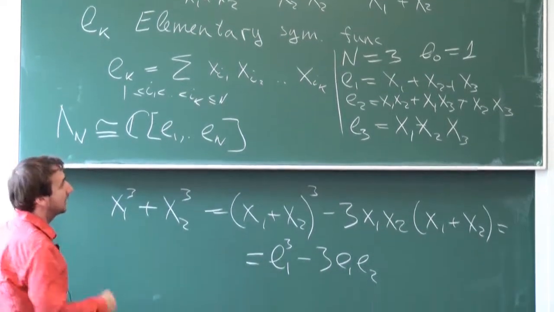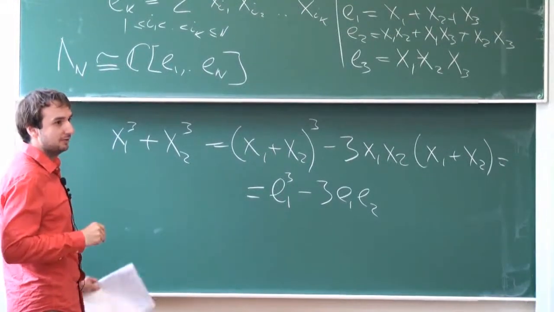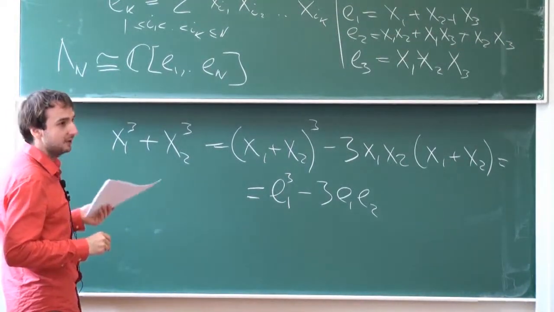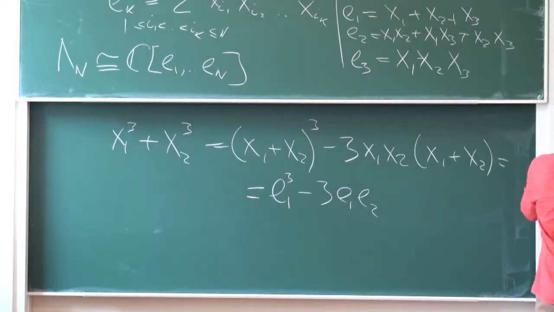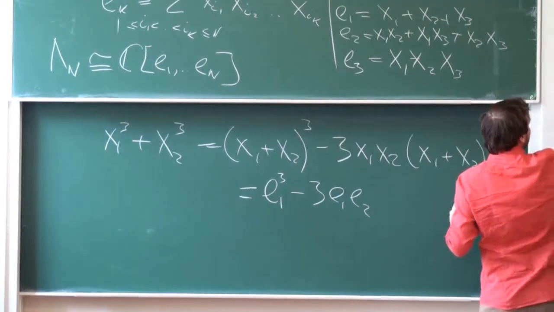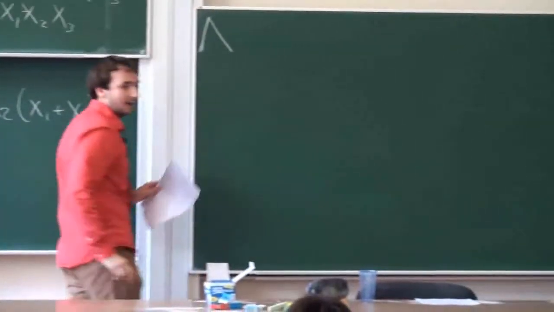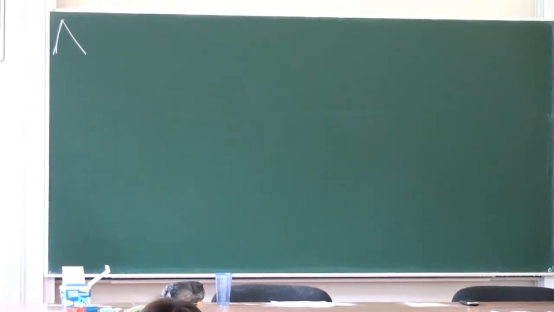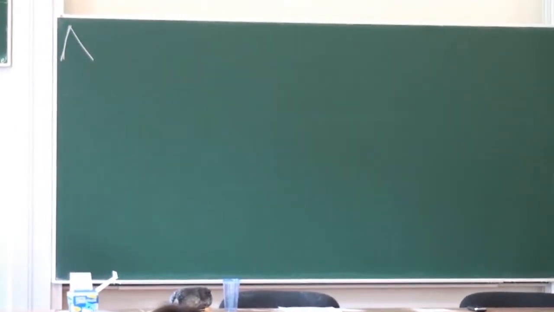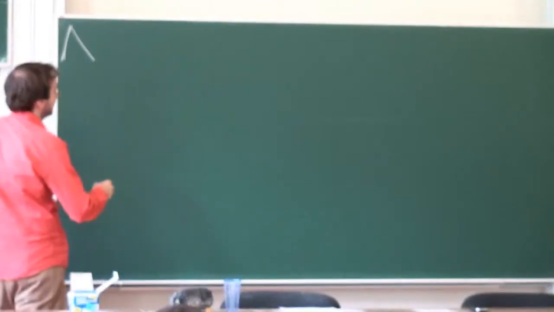Okay. What we will really need is to define a similar notion for infinitely many variables. So we want to define the algebra Lambda, which will be the algebra of symmetric polynomials in infinitely many variables. So let me explain what we mean by that. First, let us introduce some notations.